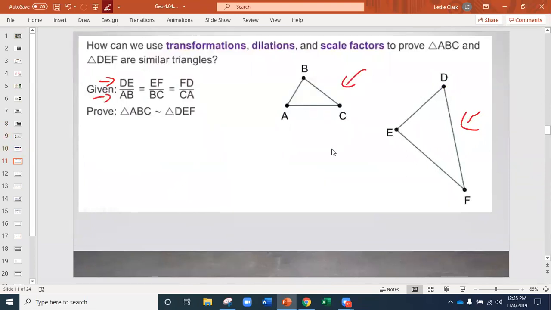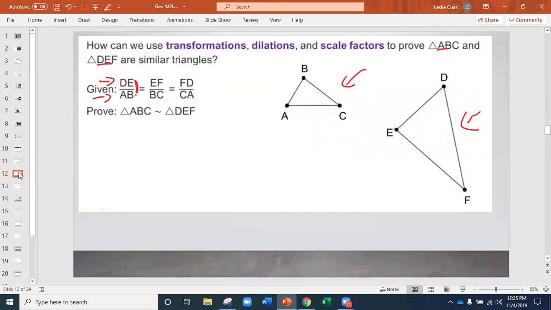That's how you have to keep it lined up, so you have the correct proportions. So just keep that in mind. And then the sides here to here are corresponding. So you see that AB corresponds with DE in the name. That's why they're in the same proportion.